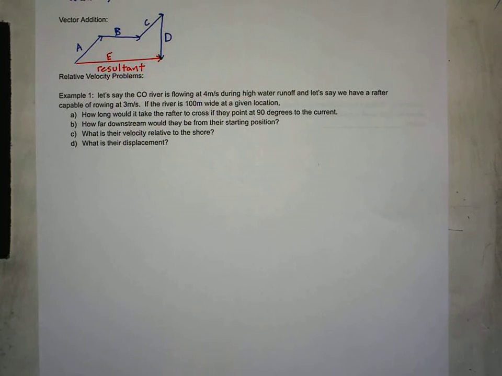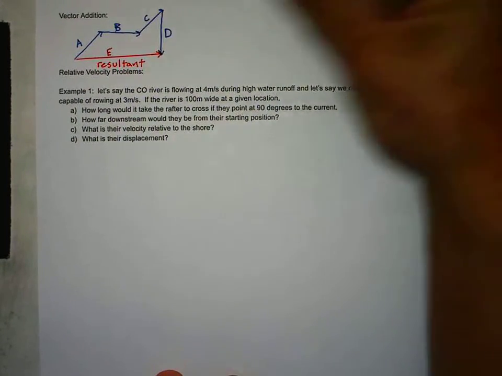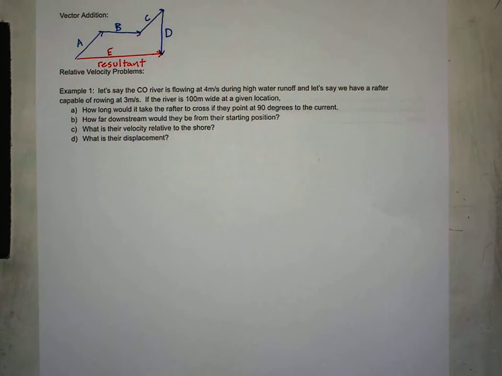Okay, one thing we do with this stuff is relative velocity problems in 2 dimensions. Okay, so you know that if Mr. Hicks is given any chance to do any kind of physics problem that relates to rafting, you know that I'm gonna take that chance.